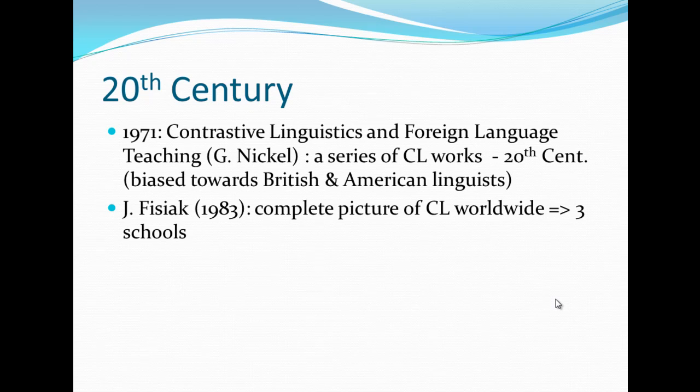Sept, in his book published in 1983, was the first linguist to bring up a complete picture of contrastive linguistics worldwide. And according to Sept, contrastive linguistics worldwide can be categorized into three language schools. And these are the three.